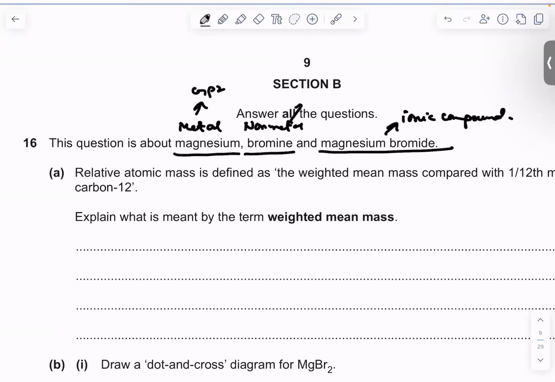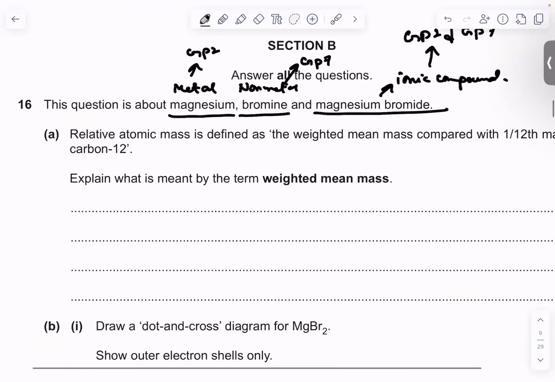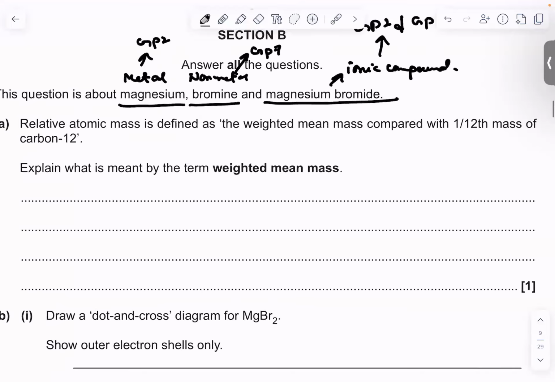This is group 7. However, I can write that this is made between group 2 and group 7, so that would be an ionic compound. When something is made between group 1 and group 7, or group 2 and group 6, or group 2 and group 7, that is an ionic compound. The bond between metal and non-metal will always be an ionic compound.